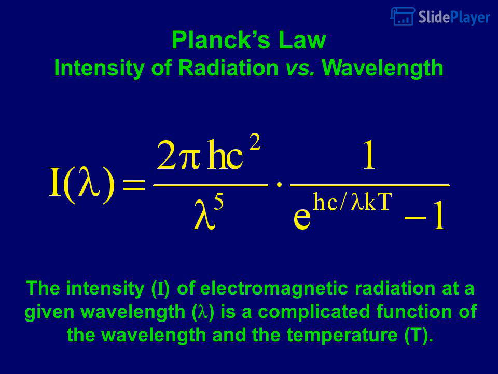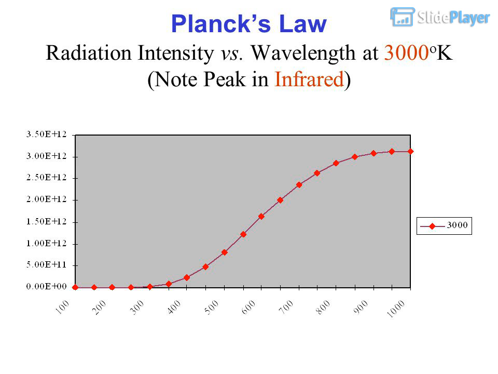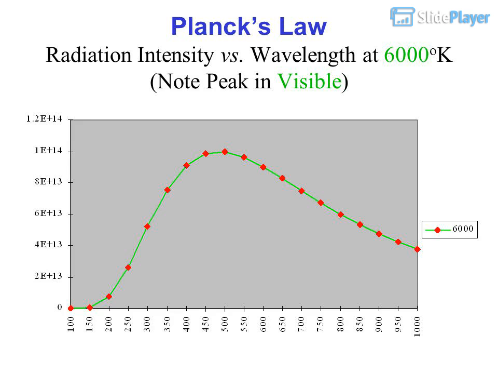The intensity, I, of electromagnetic radiation at a given wavelength is a complicated function of the wavelength and the temperature, T. Planck's law: radiation intensity versus wavelength at 3000 K, note peak in infrared.